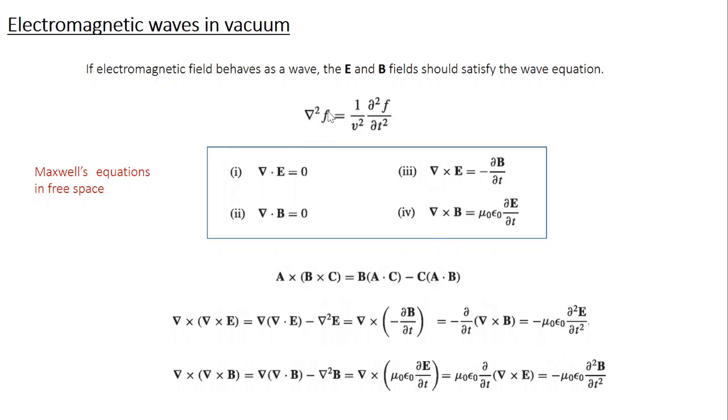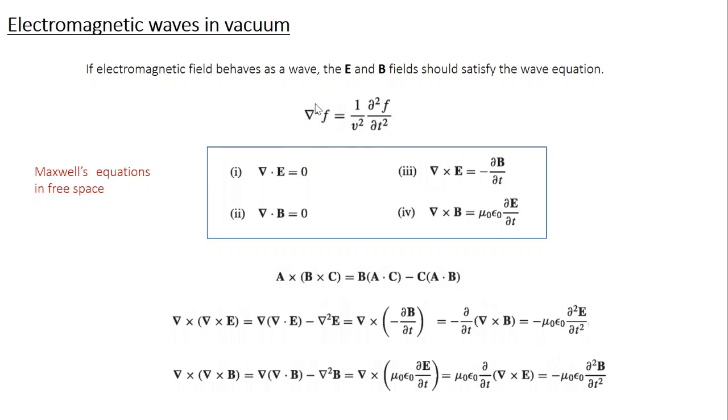It should satisfy the wave equation given by del square f is equal to 1 over v square dou square f by dou t square, where v is the velocity of the wave motion. In the case of a one-dimensional wave, instead of the Laplacian operator, you will have dou square f by dou x square on the left-hand side.